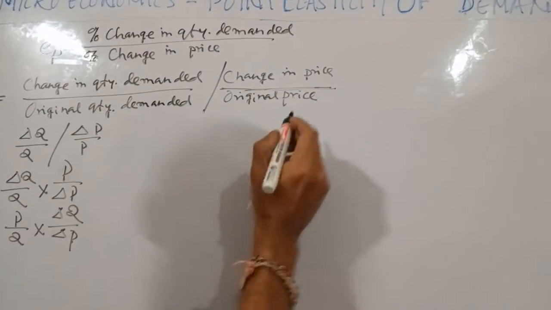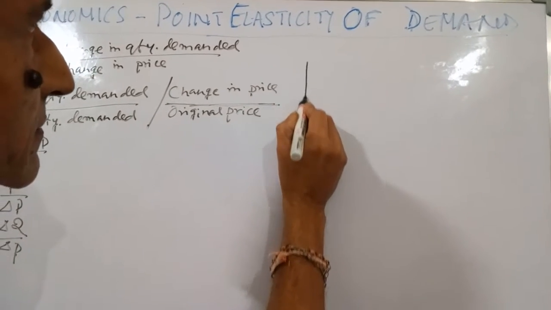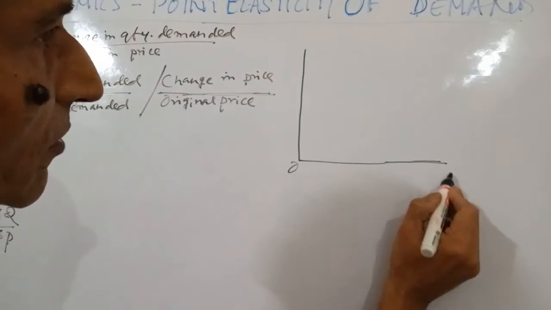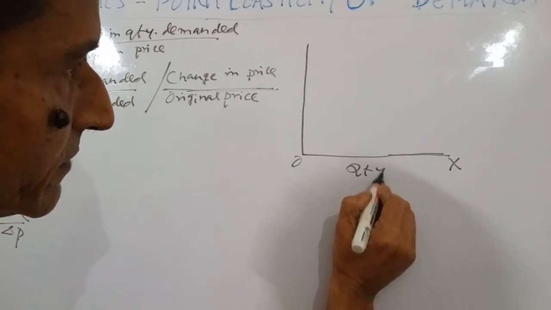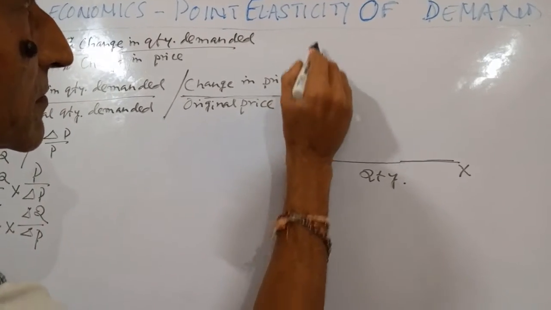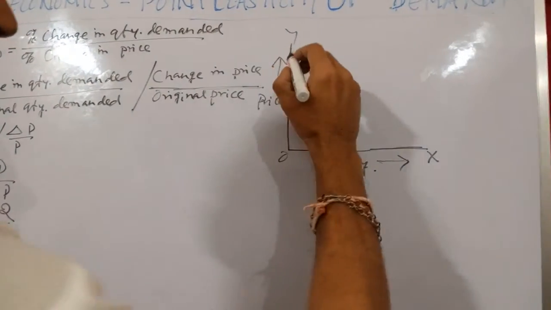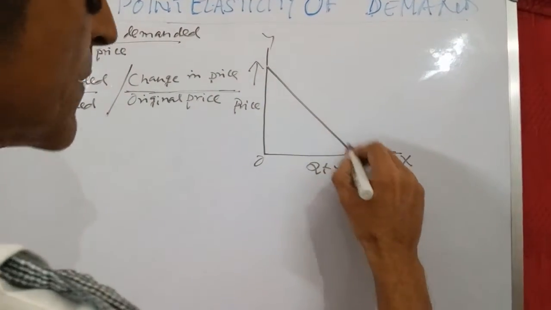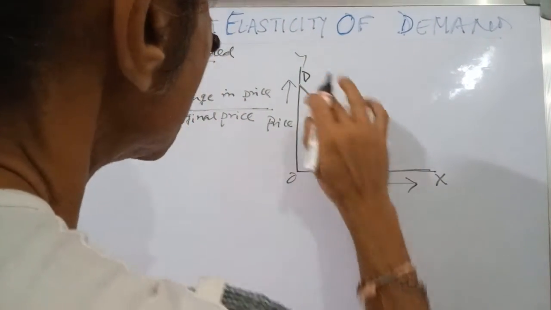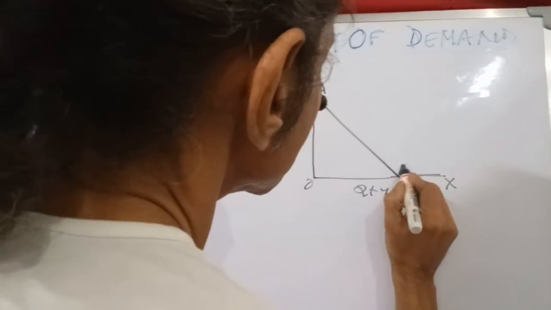Suppose on x-axis we measure quantity and on y-axis we measure price. Suppose this is the demand curve, say AB.